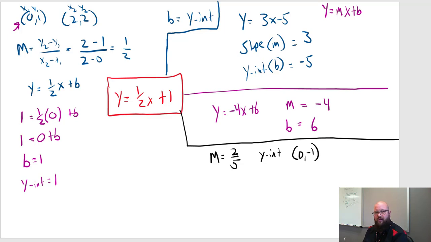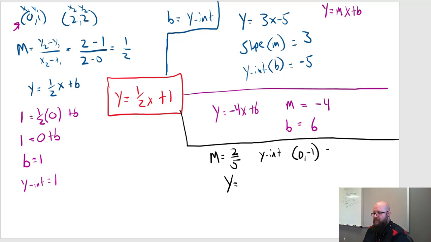Again, if it's a point, don't let that confuse you. (0, -1) means your x value is 0, so you're at 0 on your x value, and then you went down 1 on your y, so the y-intercept is at -1. This could also be labeled just -1 if you wanted to. And if it asked you to write out the equation for the line given those features, well, y equals mx plus b.